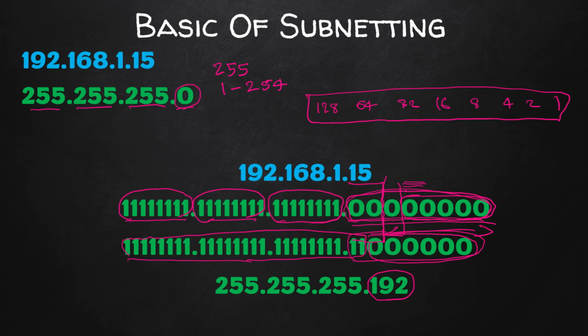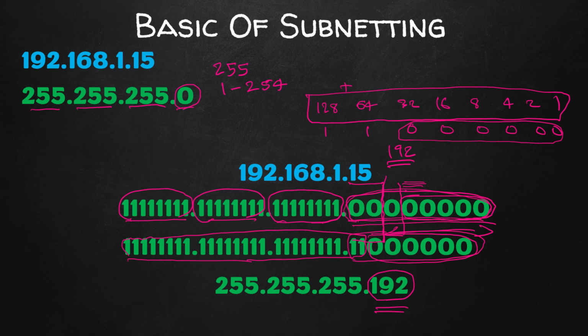Just map this host part into the decimal table, then what are we getting? 1 is here, then 1, 0, 0, 0, 0, 0, 0. And just calculate the value of each one. So here 128 and then here 64. Just add these two together, then you will get exactly this 192 as an answer, and the remaining part went to the host part.